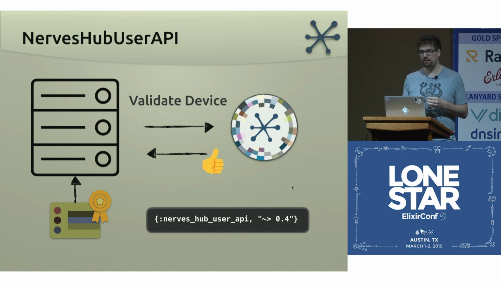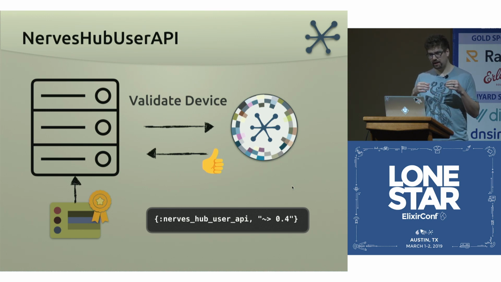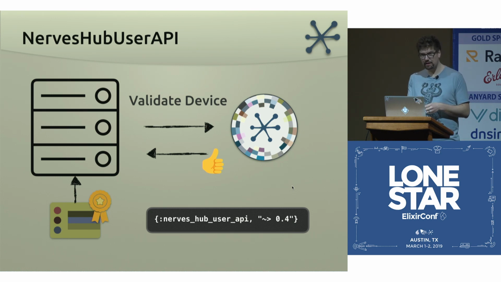You want to add some code to that backend server that helps you transition to having your devices managed by NervesHub. And so you can use the API, and if it's Elixir, you can just drop this NervesHubUser API dependency in.